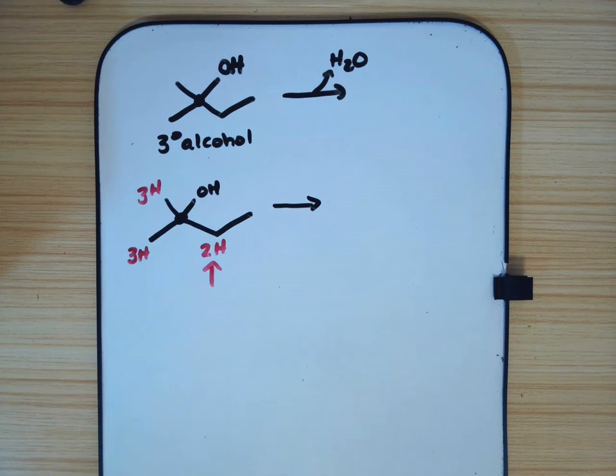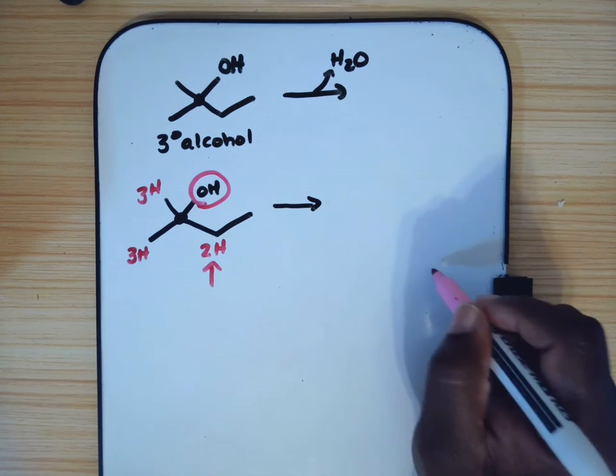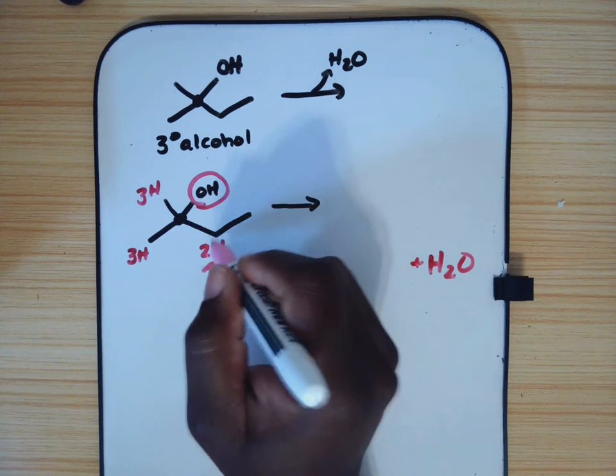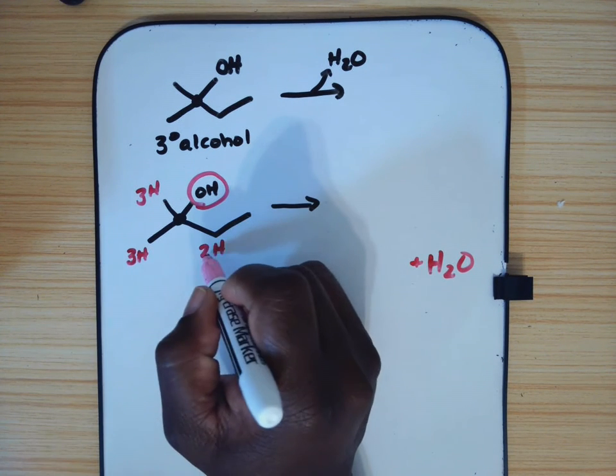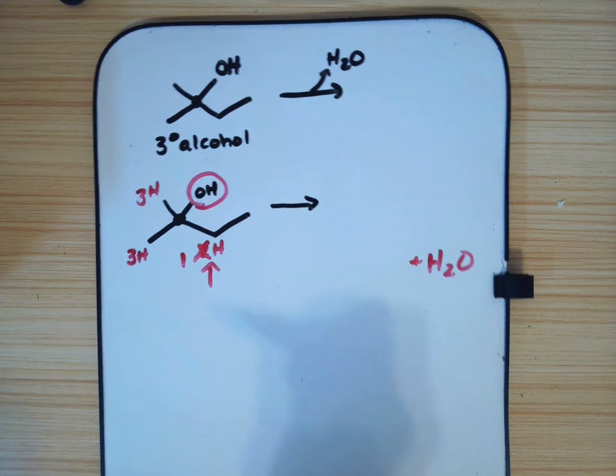What ends up happening during this process is one of those hydrogen would be removed from that carbon along with our alcohol functional group. So remember, this is how we'll end up with our water, because we'll lose one of those hydrogen. So now instead of 2, we'll have 1 hydrogen.